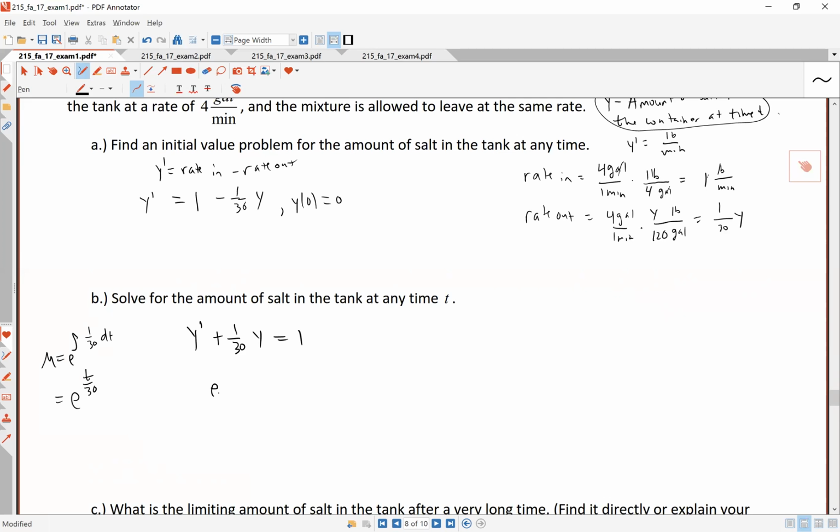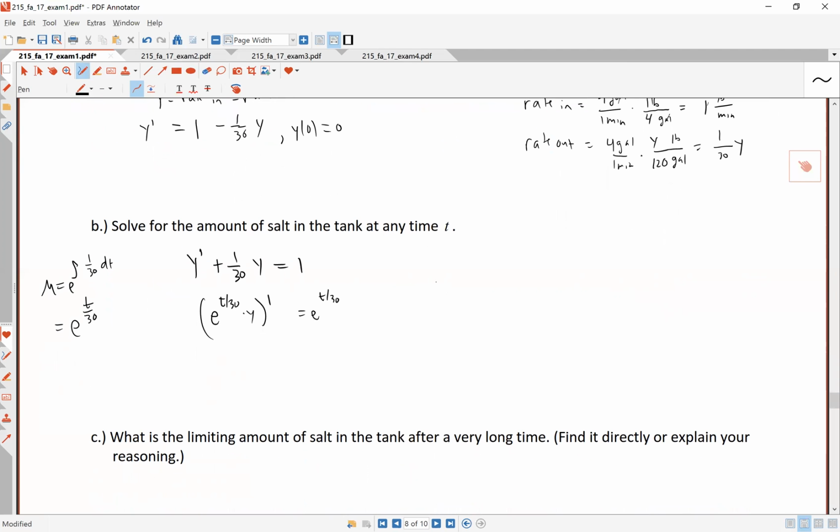So we multiply both sides by e to the t over 30. And the left side is the derivative of e to the t over 30 times y. We integrate both sides. This is going to give us 30 e to the t over 30 plus c.